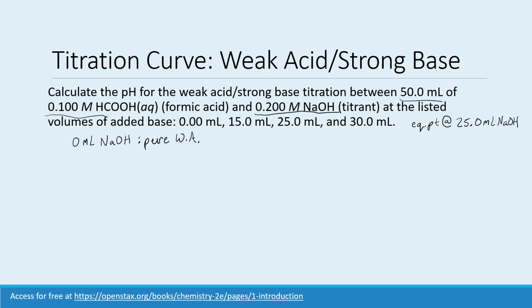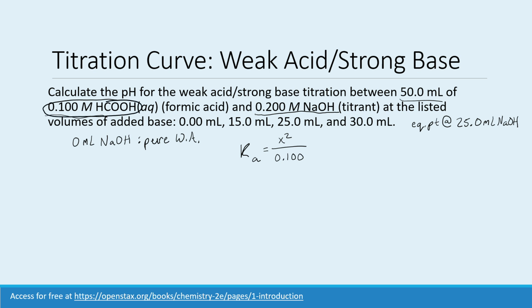You can do out the ice table if you want to, but just remember that in general, as long as we can assume the 5% rule, Ka will be equal to x squared over 0.100. Right, it's the x squared over the original concentration of that weak acid that they give us here.